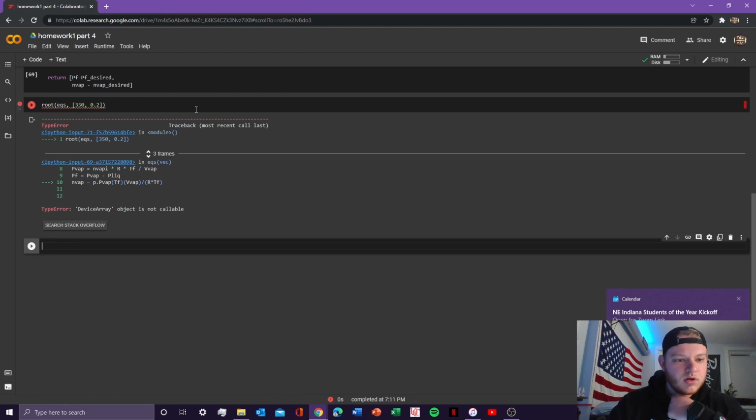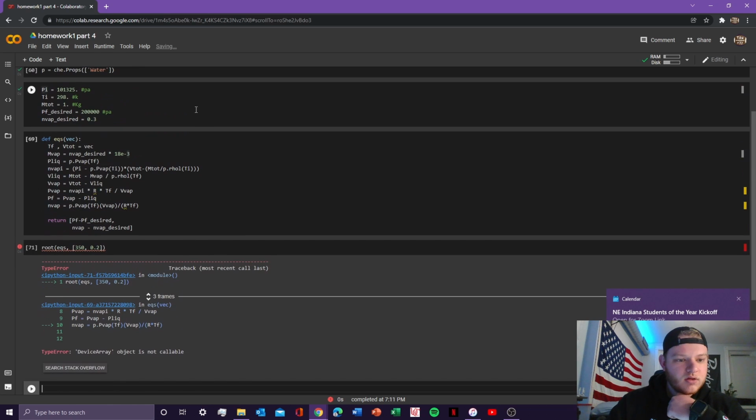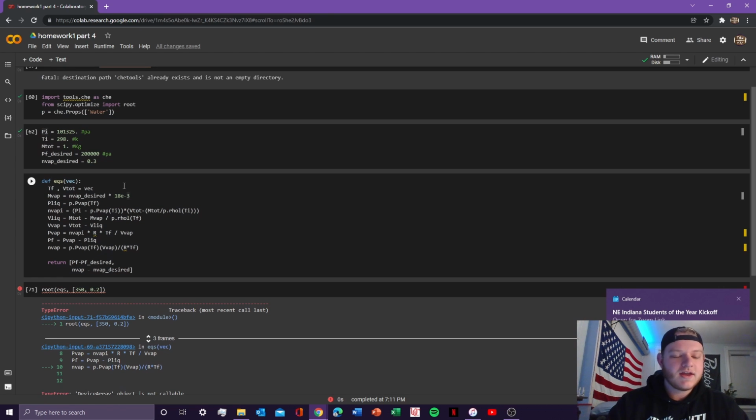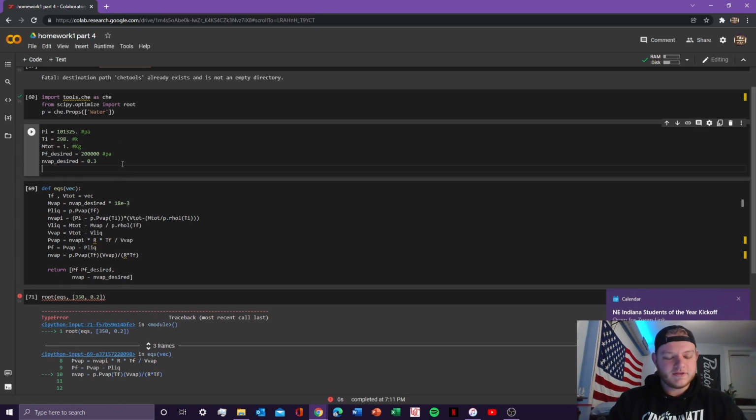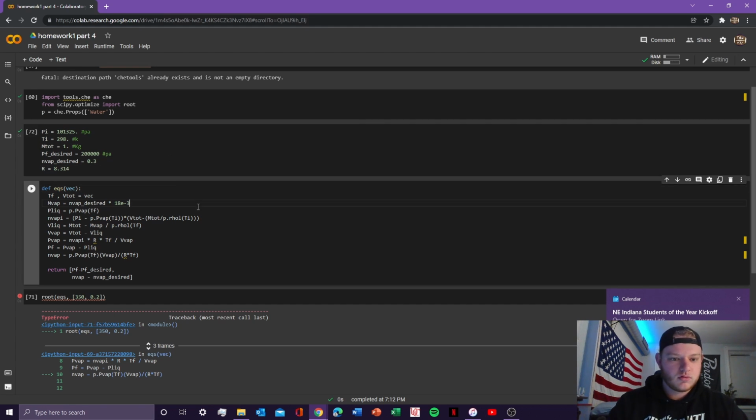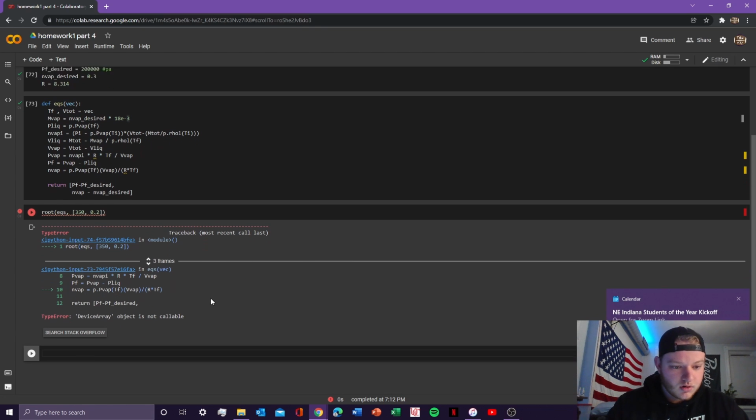No, it didn't. Alright, it doesn't like the NVAP one at the end here. Oh my goodness, guys, I didn't specify R. So obviously we have to put in the gas constant. So R is equal to 8.314. Shift enter. Shift enter. Shift enter. Alright.